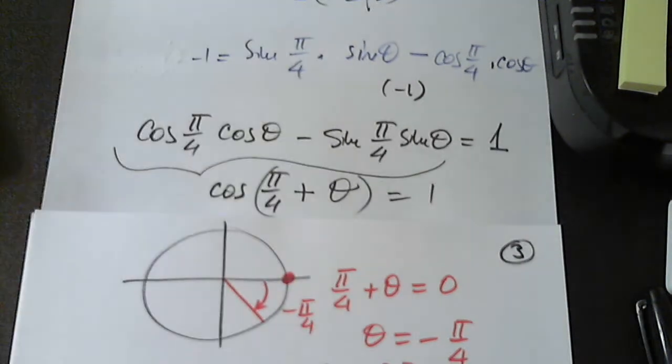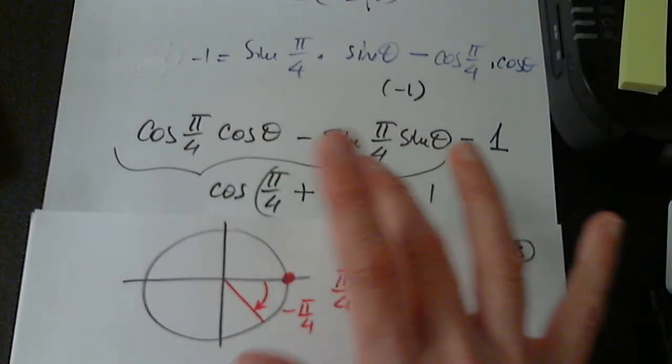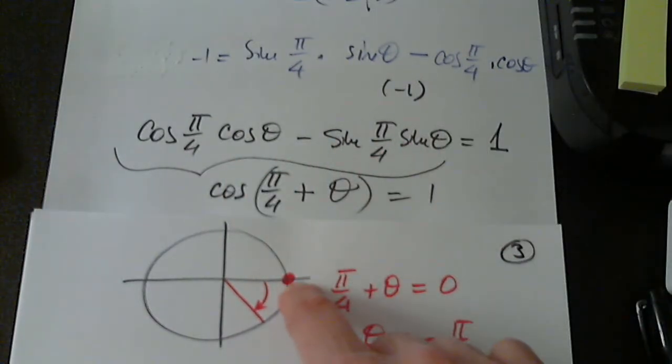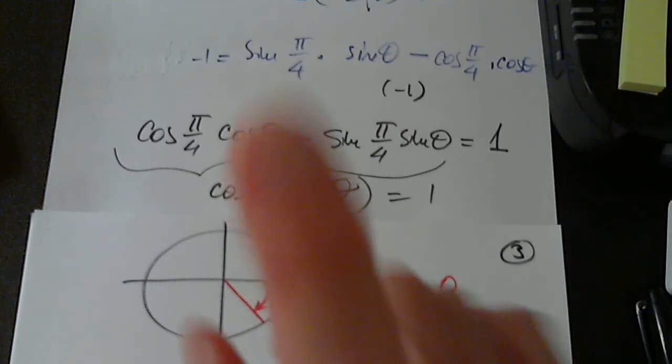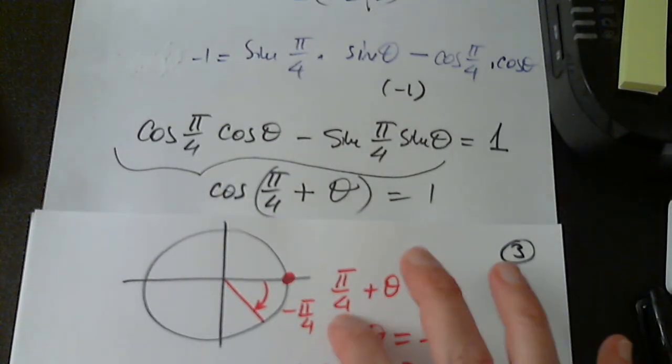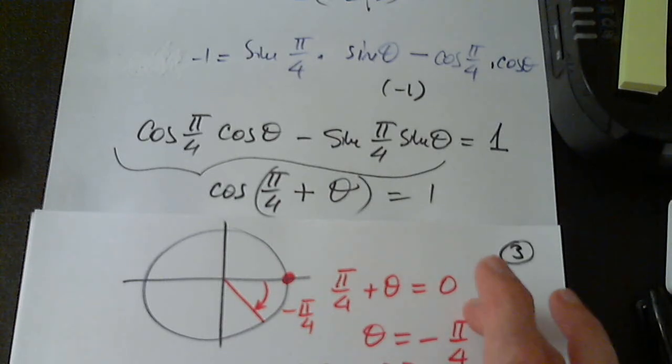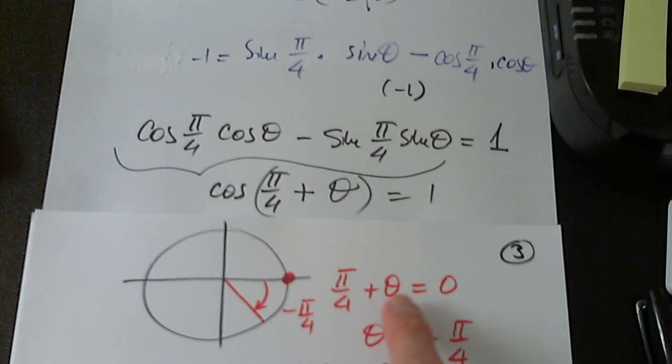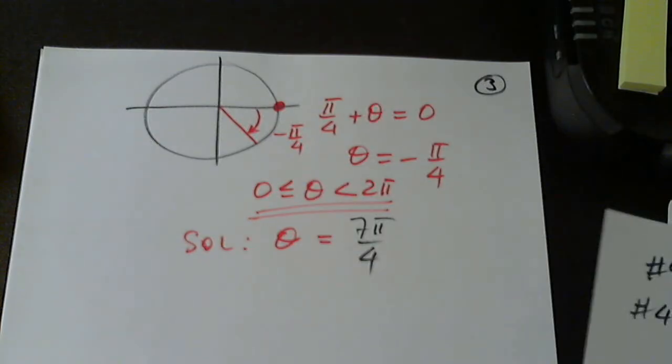Then we went back to the unit circle, and we realized that cosine is positive 1 only at this point between 0 and 2 pi. And we have pi over 4 plus theta equals 0. Now, I could also write 2 pi as the option.